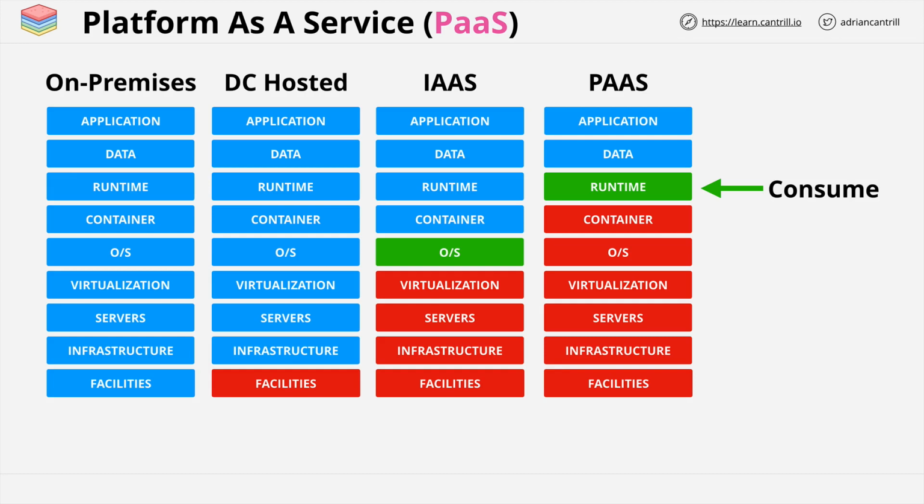You give the vendor some data and your application, and you put it inside this runtime environment, and that's it. You manage your application and its data, and you consume the runtime environment, which effectively means that the provider manages everything else: containers, operating system, virtualization, servers, infrastructure, and facilities.